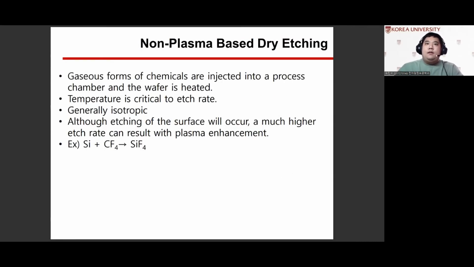To begin with, in non-plasma-based dry etching, the gas form of a chemical or acid is injected into the chamber, and the wafer is heated. Because this non-plasma based dry etching uses corrosive or acid gas, the profile is usually isotropic.